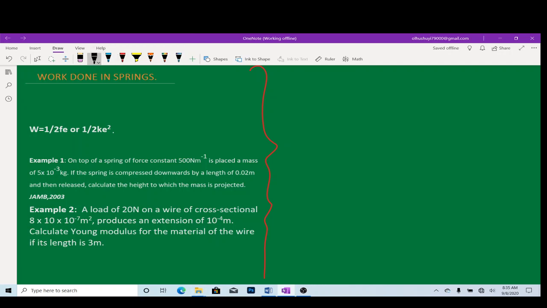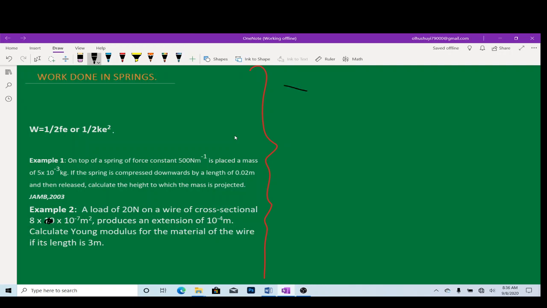Don't mind me while I was typing. So you just have 8 times 10 raised to the power minus 7 meters squared. That is the area. It produces an extension of 10 raised to the power minus 4 meters. Calculate the Young modulus of the material of the wire if its length is 3 meters.